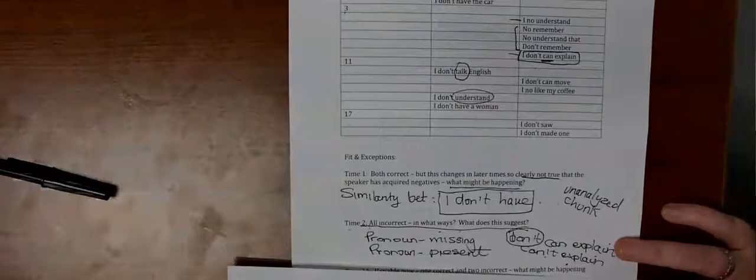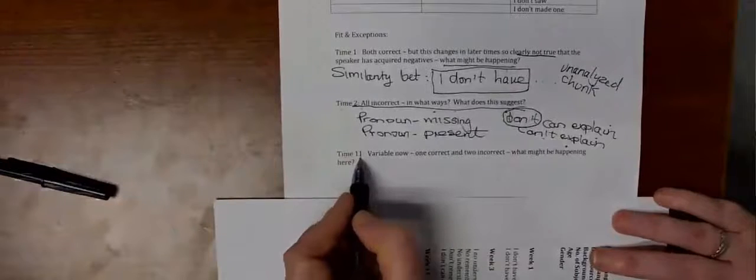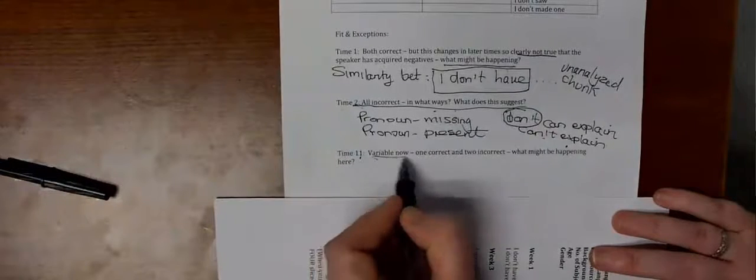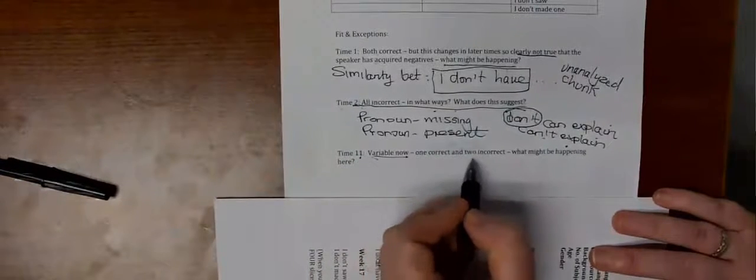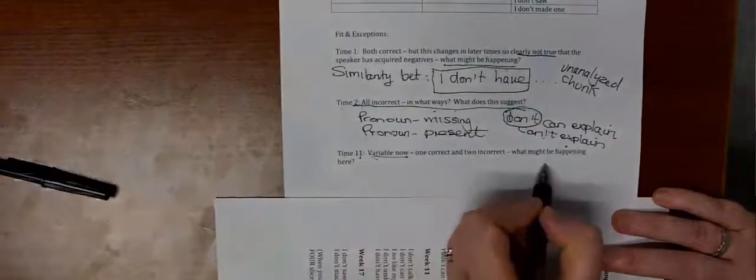So basically at time 3, which is week 11, variable now: 1 is correct and 2 are now incorrect.